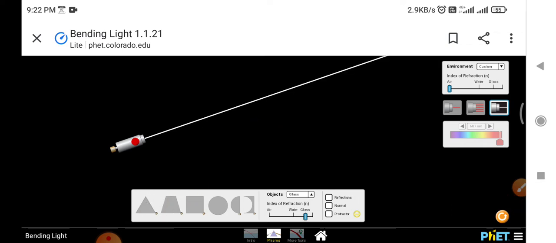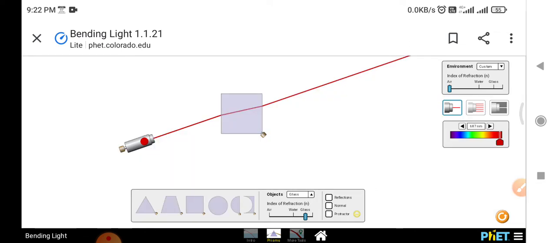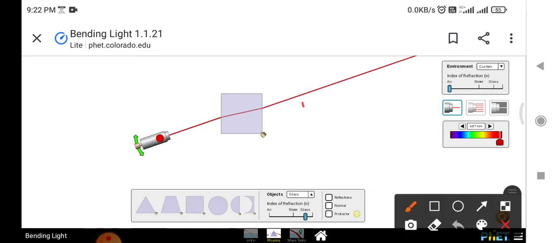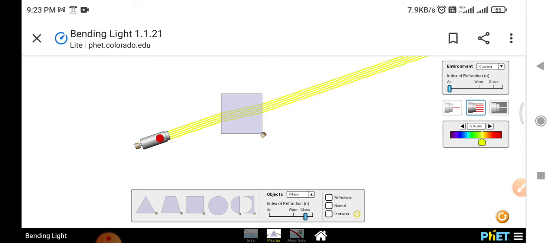Instead of the prism, here I took a glass slab, the rectangular glass slab. So when the light passes through the glass slab, there is no dispersion. And if you take multiple rays, the same thing happens. And see the colors: violet, indigo, blue, green, yellow, orange and red.